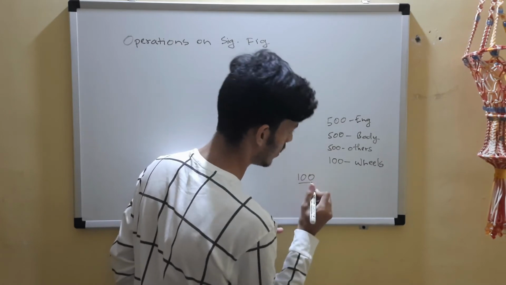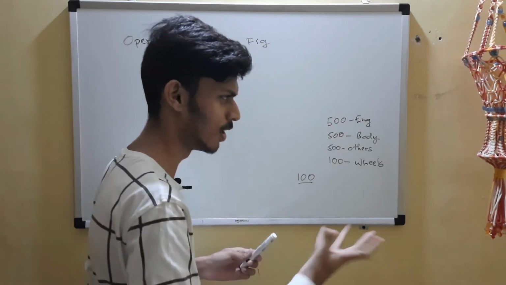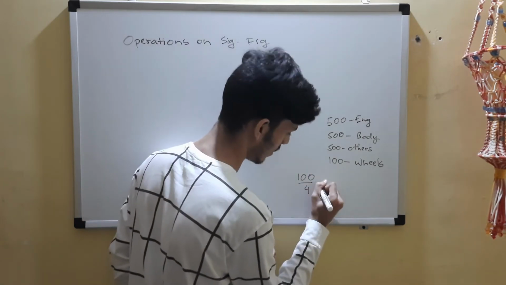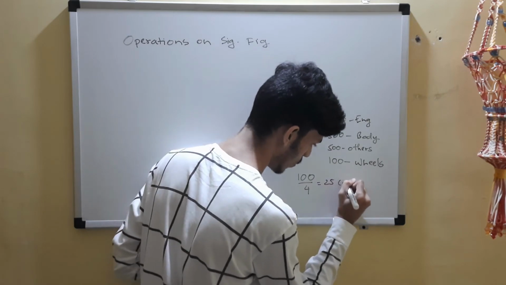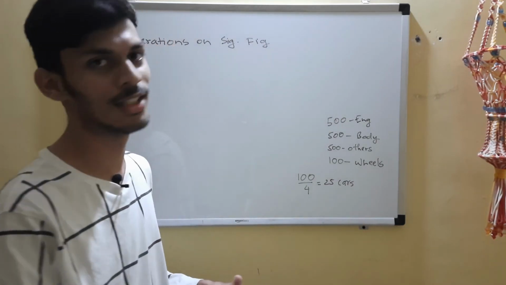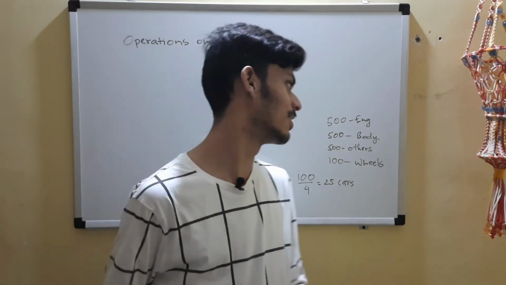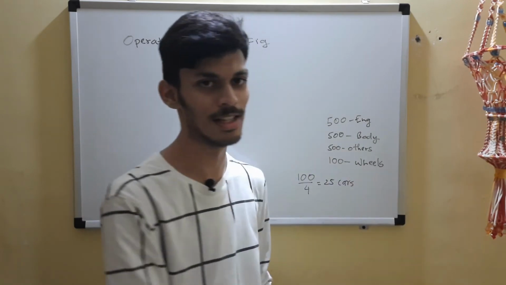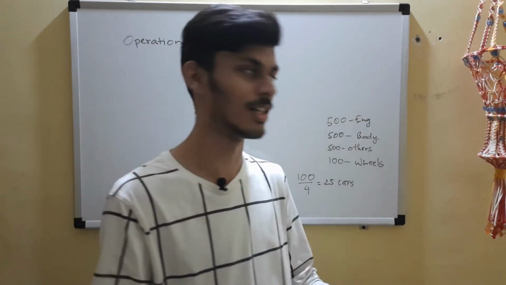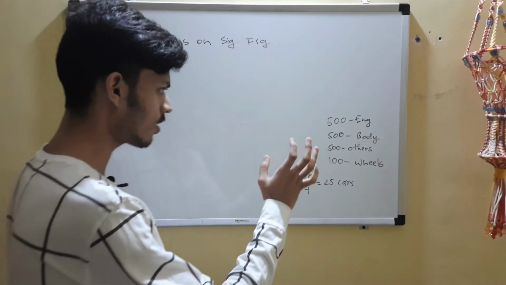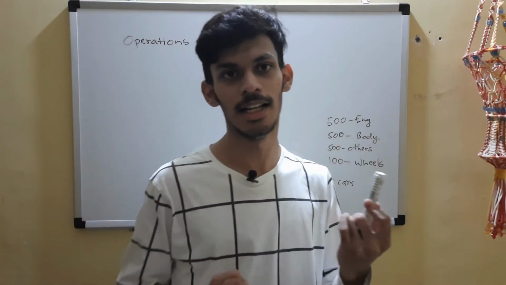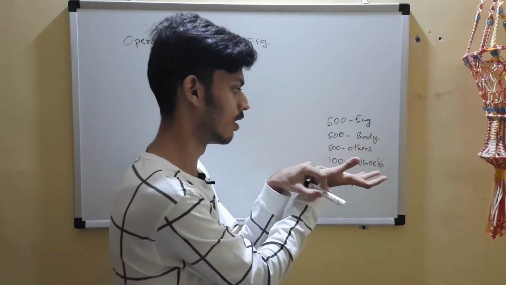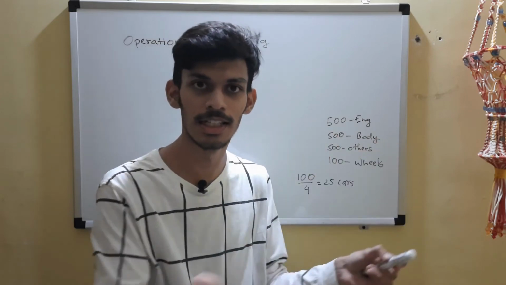The least produced is wheels, so it will depend on that. Each car has 4 wheels. Of course, the car number is 25. So only 25 cars per day, but we had 500 engines, 500 bodies, 500 other parts, but the thing that we lacked was wheels, and that was the game changer. So I want you to get this idea that car manufacturing depends on the part which was least in number.